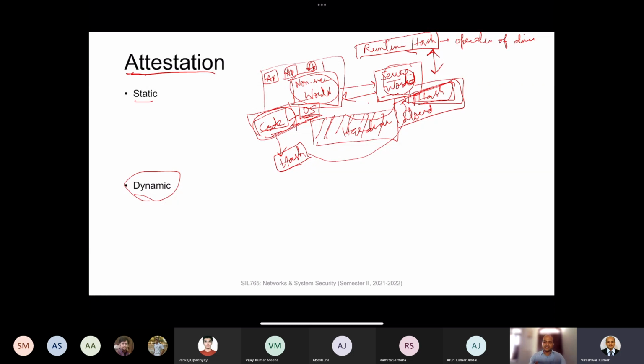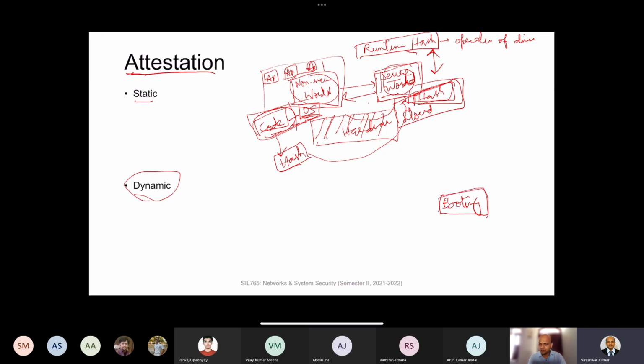So let me tell you what can happen and what is typically also done in many existing systems. When you boot your system, of course it has significant overhead, it delays the booting, but what can happen is that every time your system is getting booted, the secure world will compute the hash and compare it with the stored hash value.